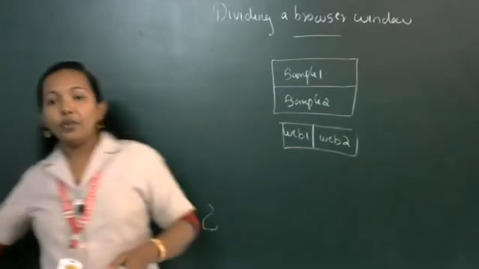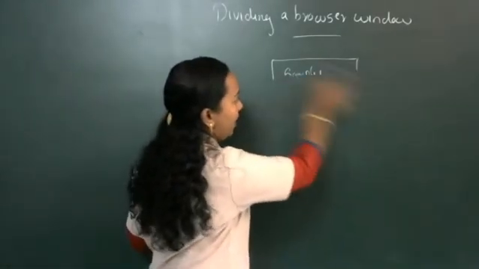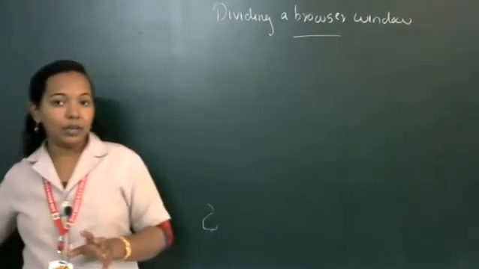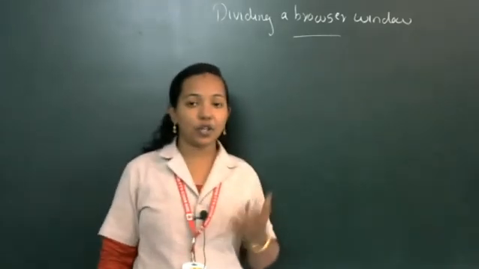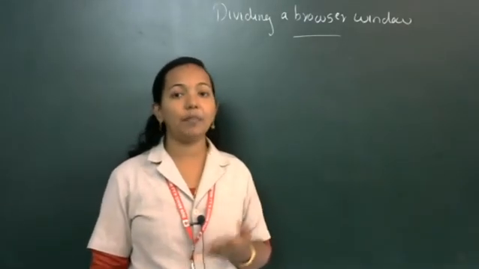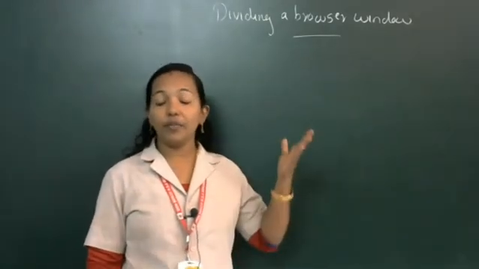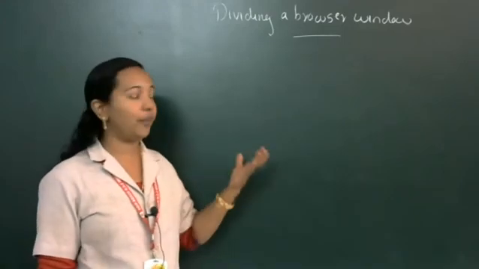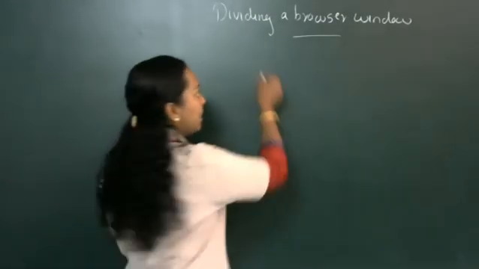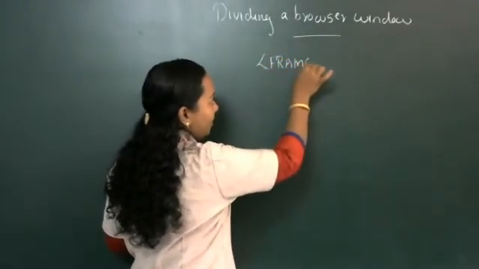For performing this kind of application, definitely we require a tag, because HTML is a collection of tags and attributes. So with the help of a special tag, we can divide a browser window, or we can allocate positions for different web pages in a single browser window. For that purpose, we are using the tag called the frameset tag.